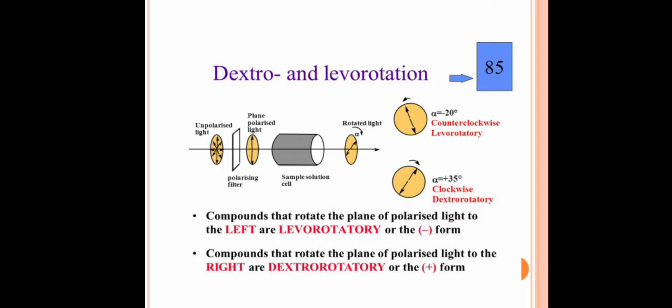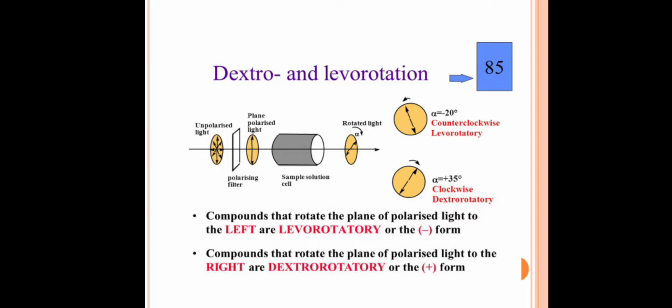Dextrorotation and levorotation are represented by the plus symbol and minus symbol, which is generally observed on chemical bottles. So a chemical with a plus symbol means that compound is dextrorotatory, and similarly a minus symbol means levorotatory.